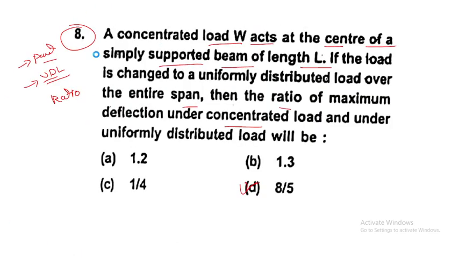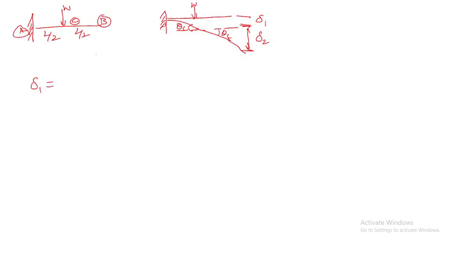Now here they are asking at the midpoint. So the formula will change using that formula, W into L by 2 whole cube divided by 3 EI. So that is WL cube divided by 24 EI. Now this is delta 1.